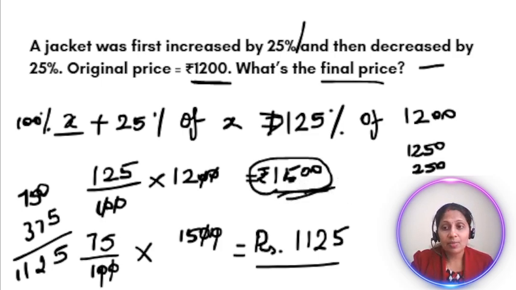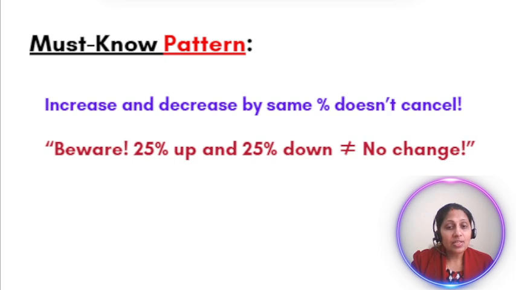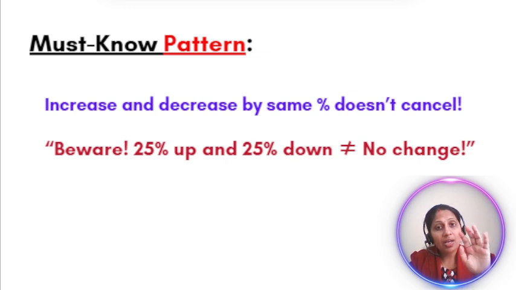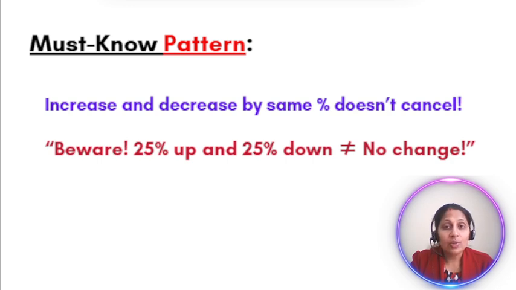So always remember, increase and decrease by the same percent don't cancel each other. 25% up and 25% down means the value will not be the same. You can't assume no change happened. Will the final price be 1200 again? No, because the decrease has been applied to some other value, which is 1500 in this case.